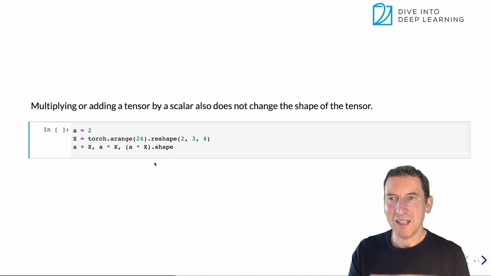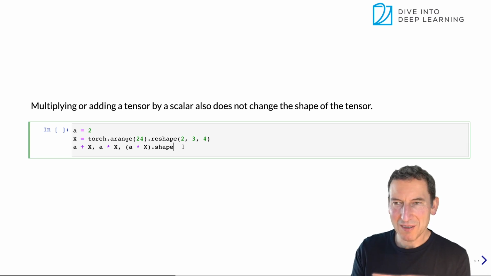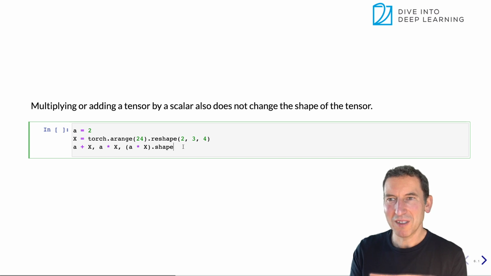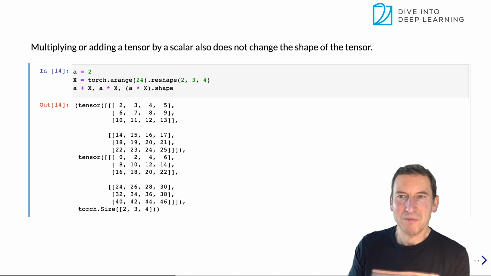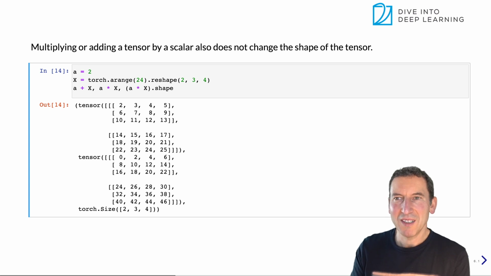Now I can add things, right, and multiply them with a scalar. All those things will work. Broadcast will work. So all of those operations will work just fine. So A plus X and A times X, they're, in both cases, tensors of third rank. And so if I look at the shape, nothing's changed.